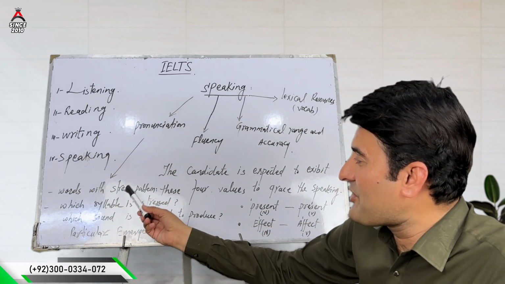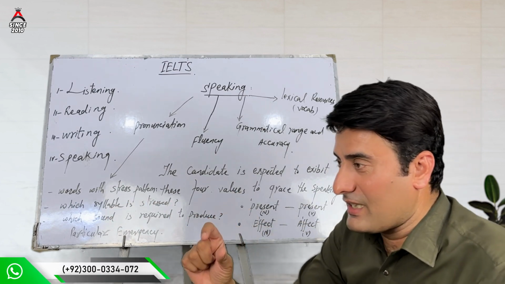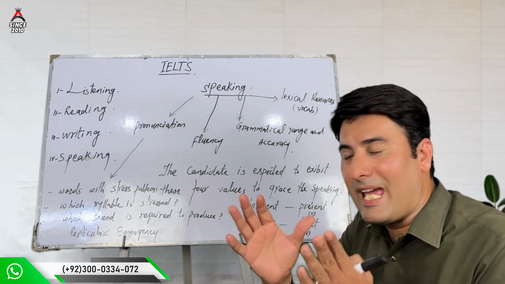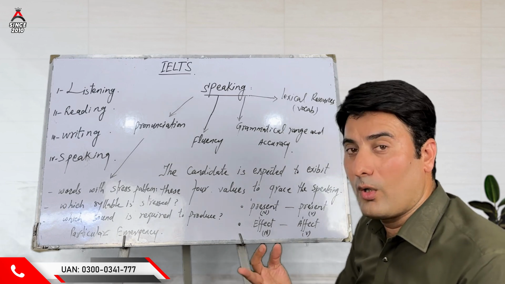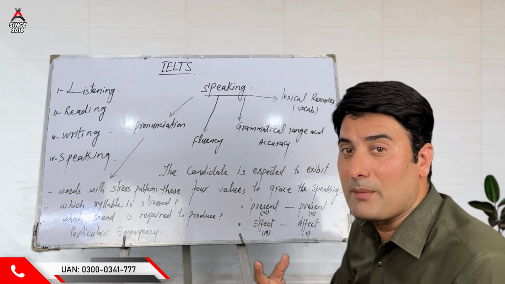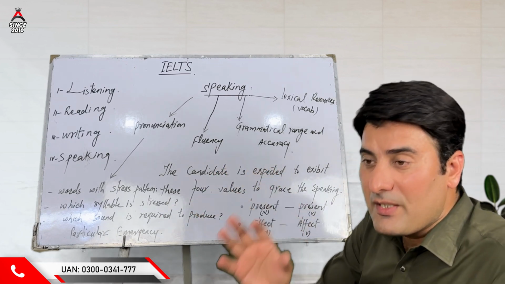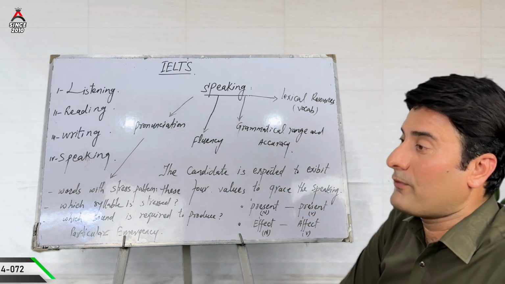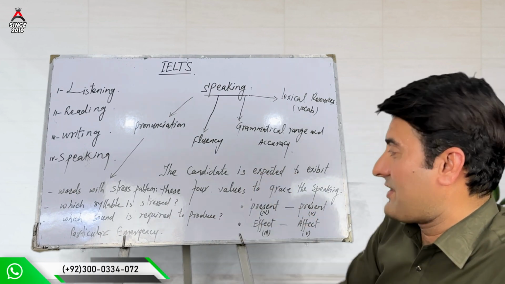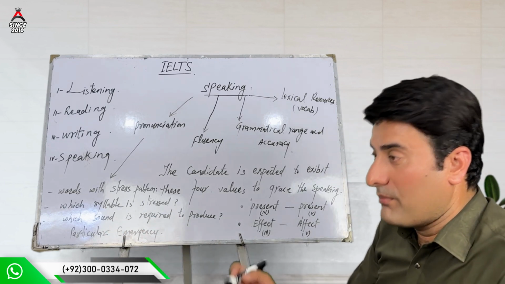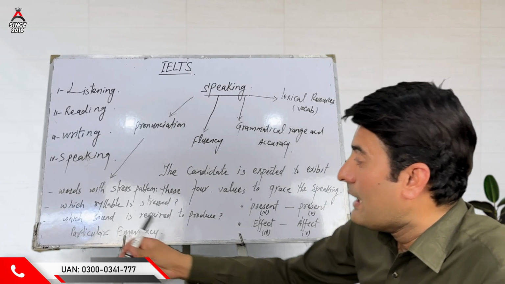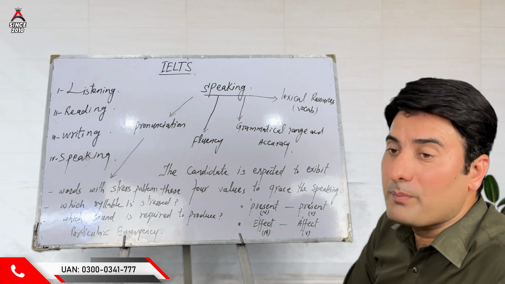The words come with a stress pattern. Very importantly, students must know that every word, whether a single syllable word, a 2 syllable word or a 3 syllable word, has some specific stress pattern that falls as the word progresses, and they must be aware of which syllable is stressed or which sound is required to pronounce.